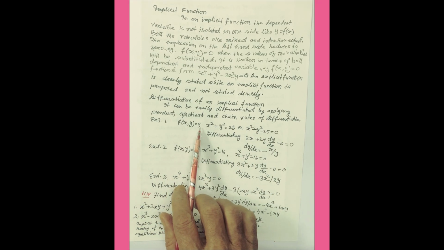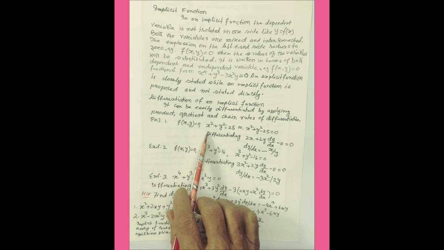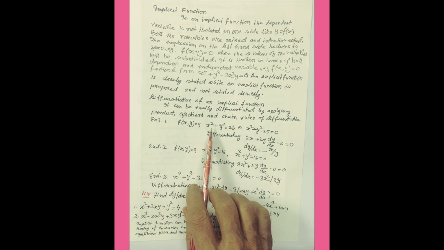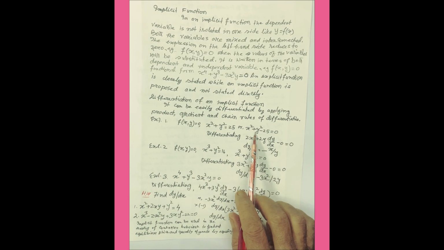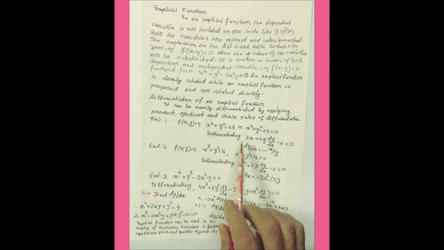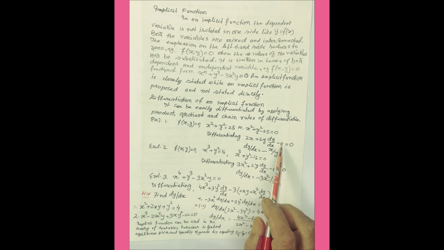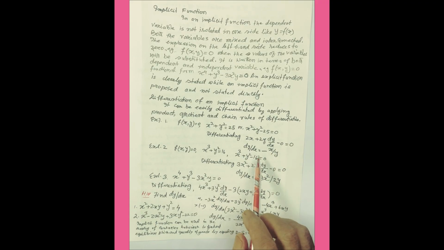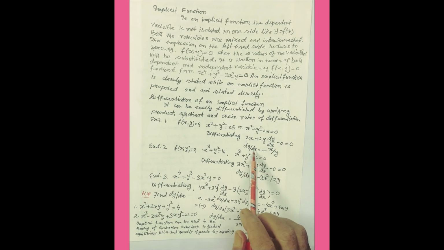Suppose the implicit function is f(x, y) is equal to 0, and the form is x square plus y square is equal to 25, or x square plus y square minus 25 is equal to 0. If we differentiate, this is 2x plus 2y dy by dx minus 0 is equal to 0. So dy by dx is equal to minus x by y. So this is the way we differentiate.